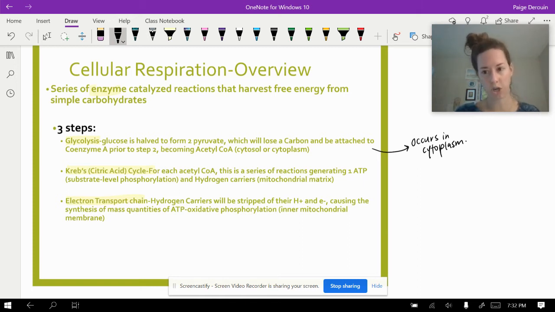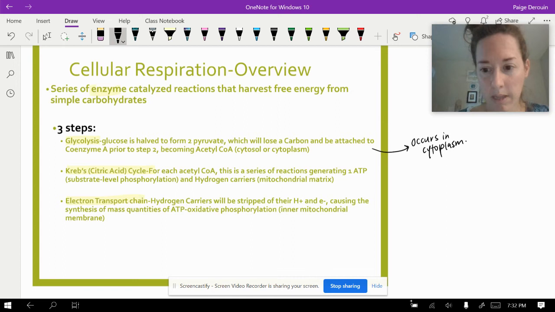And then also what happens is kind of like a step 1.5 that's not really part of glycolysis, but it's not part of Krebs cycle, where a coenzyme converts pyruvate into something called acetyl-CoA, or coenzyme A is what it's called. But it's just kind of like an intermediate molecule that needs to exist before we go to step 2.